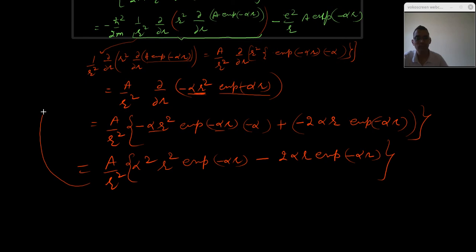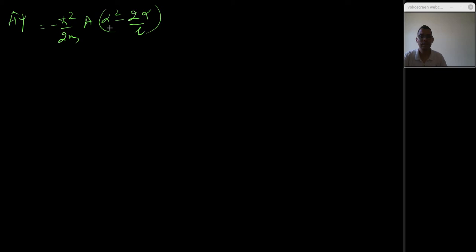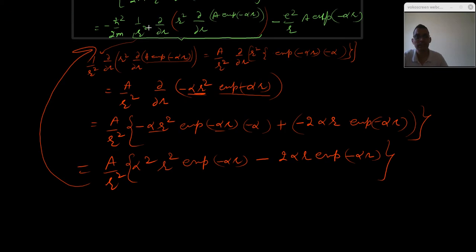So let us put its value back here. Therefore H psi can be written as minus h cross square by 2m times A alpha square minus 2 alpha by r, because this is the common term, so it can be taken outside.